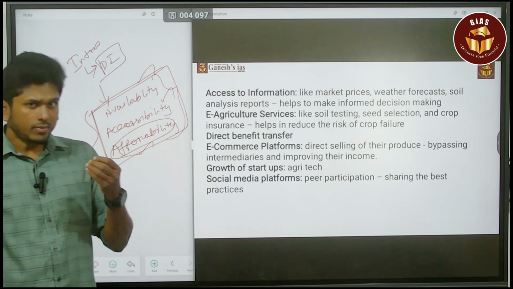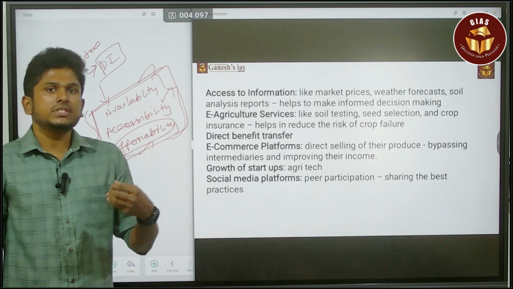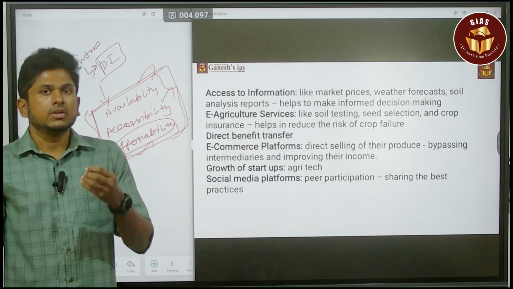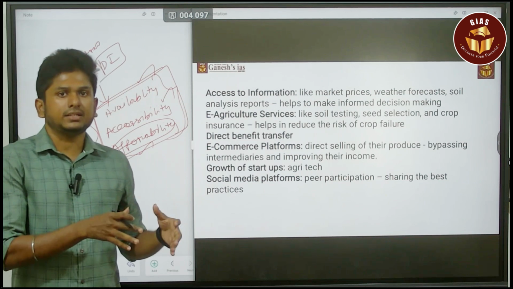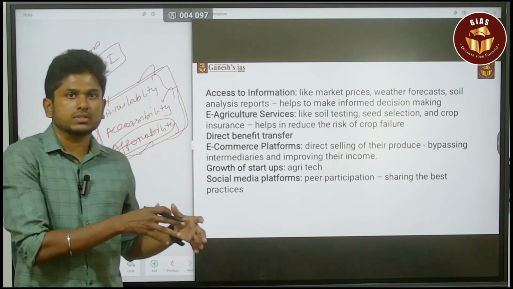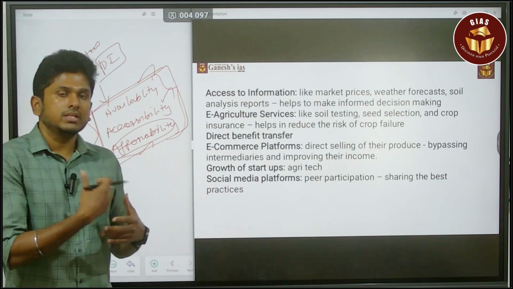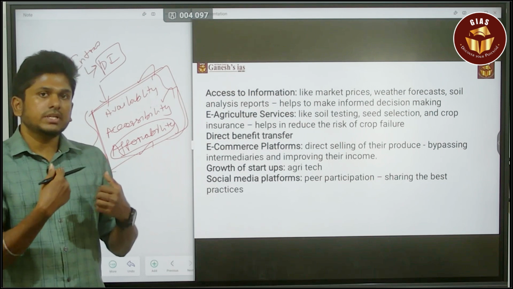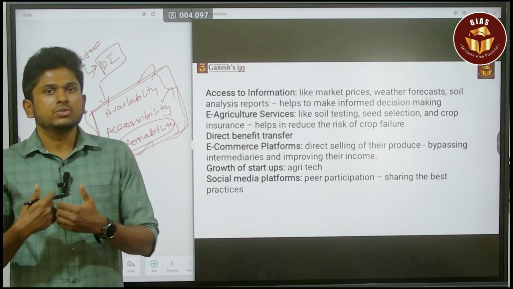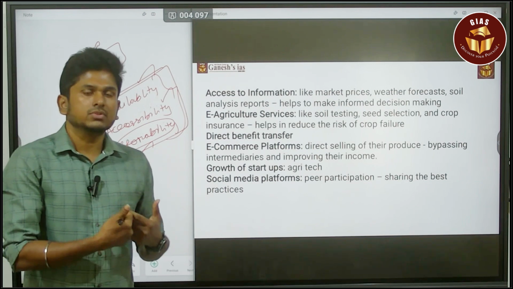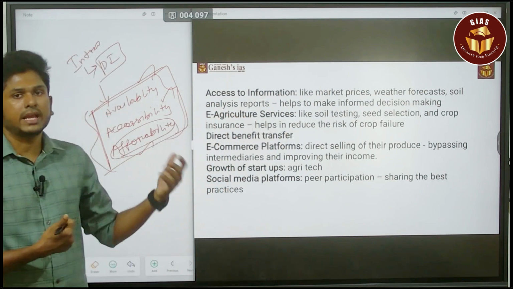For example, if the weather forecast says the monsoon season will have deficient rainfall in the upcoming month, I will try to irrigate my land and store water resources, because deficient rain means my productivity may be affected. In that scenario, I will put in extra effort to save water to use in the land, and focus on the irrigation of my field. That is called informed decision making related to my farming activities.